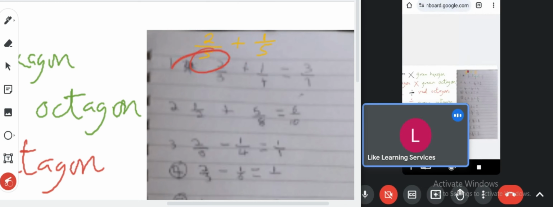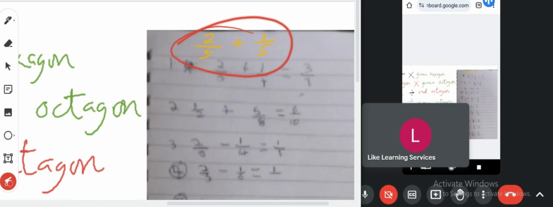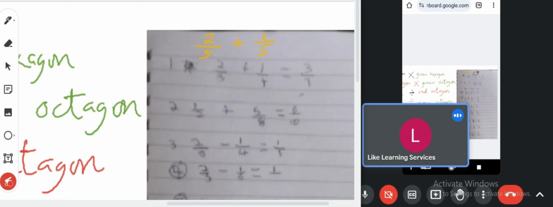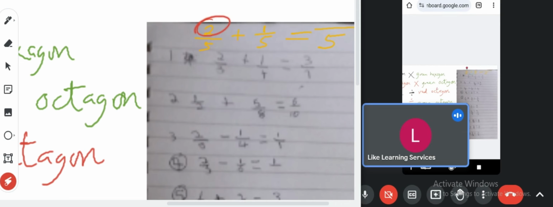What is common between the two fractions? The denominators are the same numbers. Good. Once the denominators are the same number, then you just write the denominator down and do whatever is now written to the numerators.